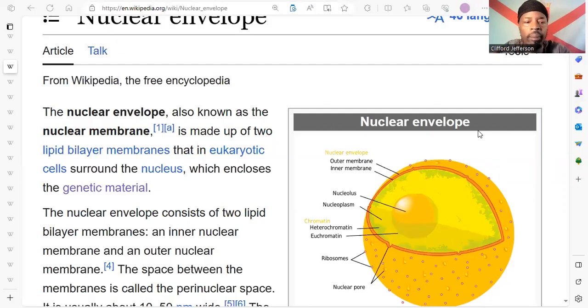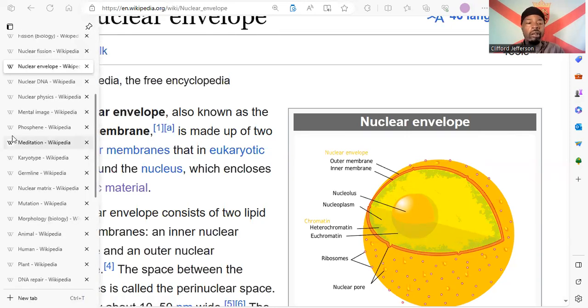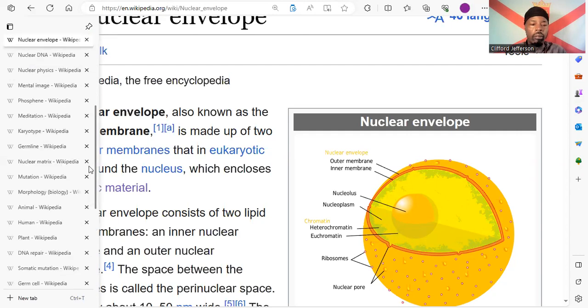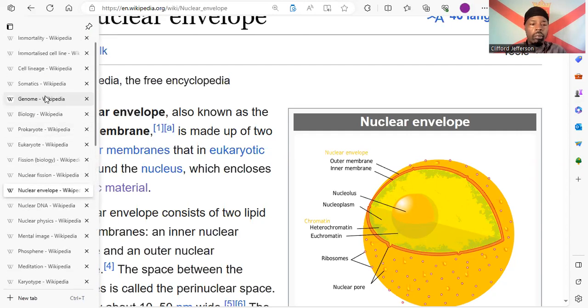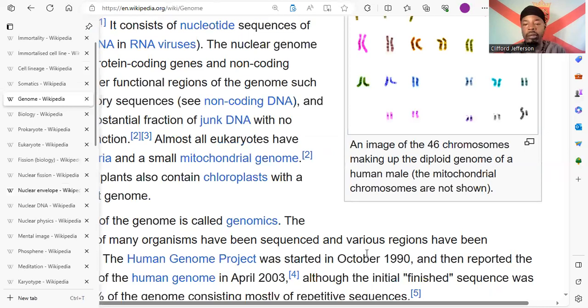It's made up of two lipid bilayer membranes that surround the nucleus of eukaryotic cells, which encloses genetic material. We know genetic material is what we call the genome, and the genome is your RNA or DNA. Let's just clarify that so we can all be on the same page.